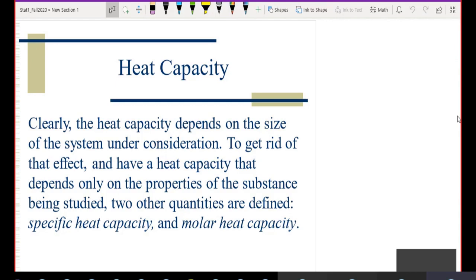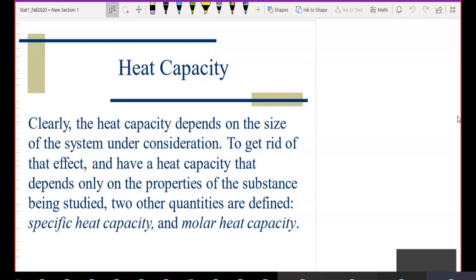So you have to specify for each material how much amount of that system you are taking. So in that case, you define molar heat capacities. You have to define the heat capacity that you defined here, like Cp or Cv, with the moles of that material.